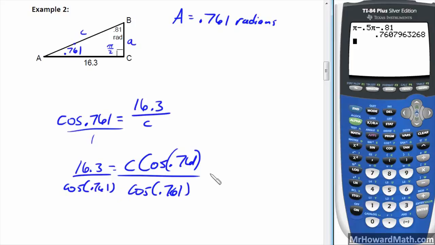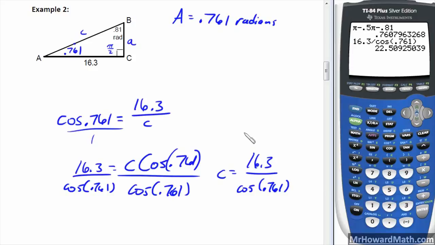And finally we have little c is equal to 16.3 divided by cosine of 0.761. We're already in radian mode, so this is okay to do. Close that parentheses, and we get 22.5. So little c is equal to 22.5. There we go.